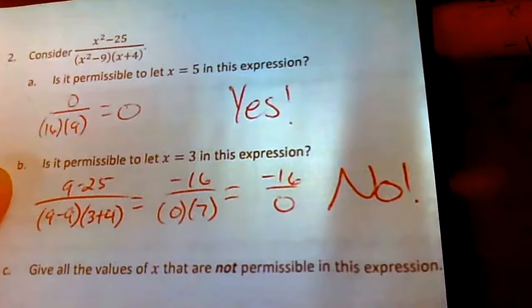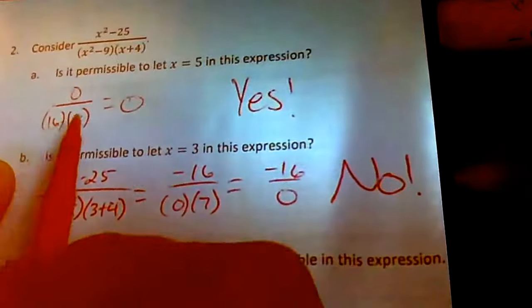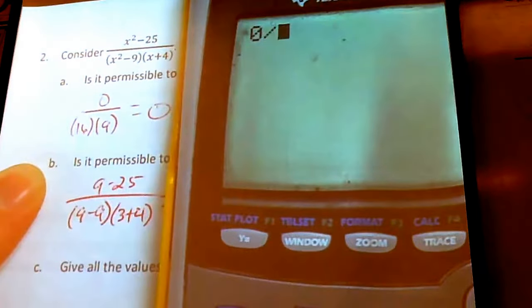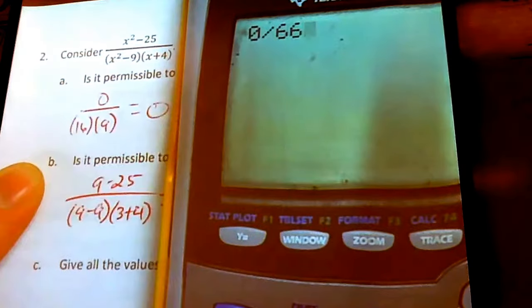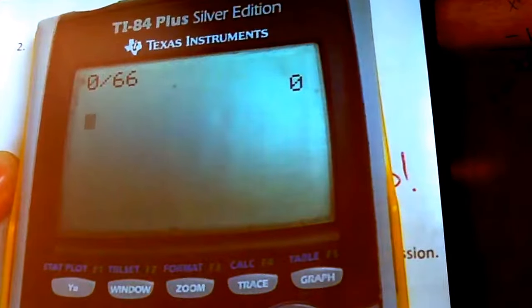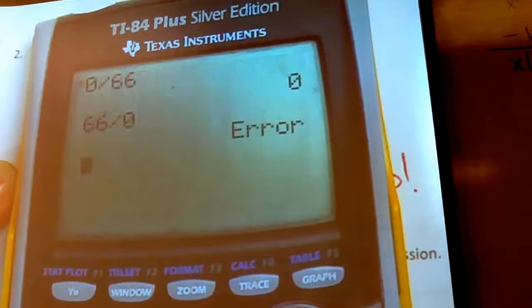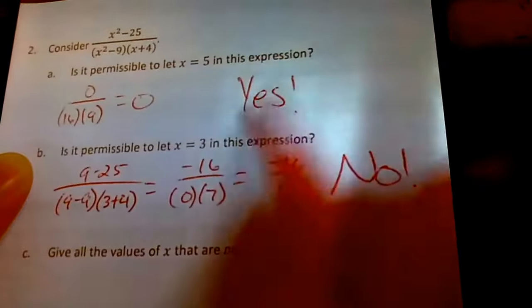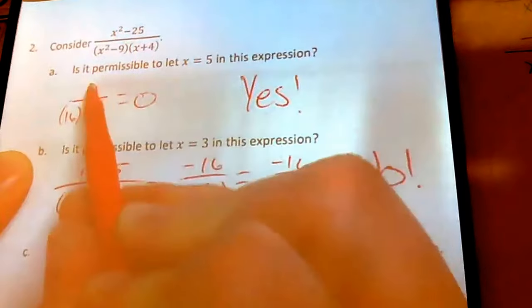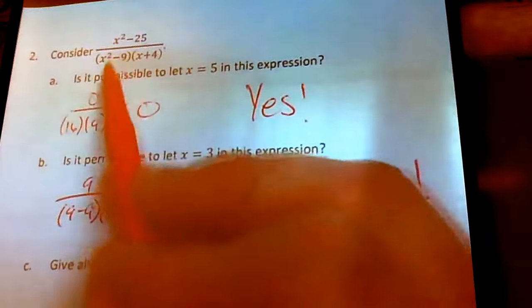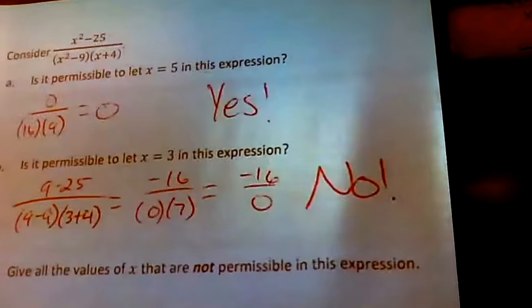No, you cannot divide by 0. You can have 0 divided by stuff, that's okay. 0 divided by any number is 0. But a number divided by 0 is an error. So x equals 5 is okay, because the top is 0, so it equals 0. X equals 3 is not okay, because that makes the bottom equal 0, and we can't divide by 0.